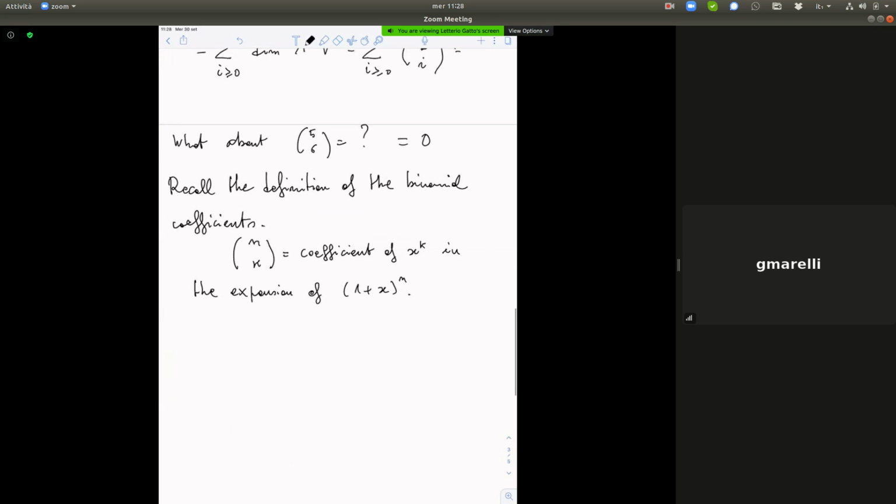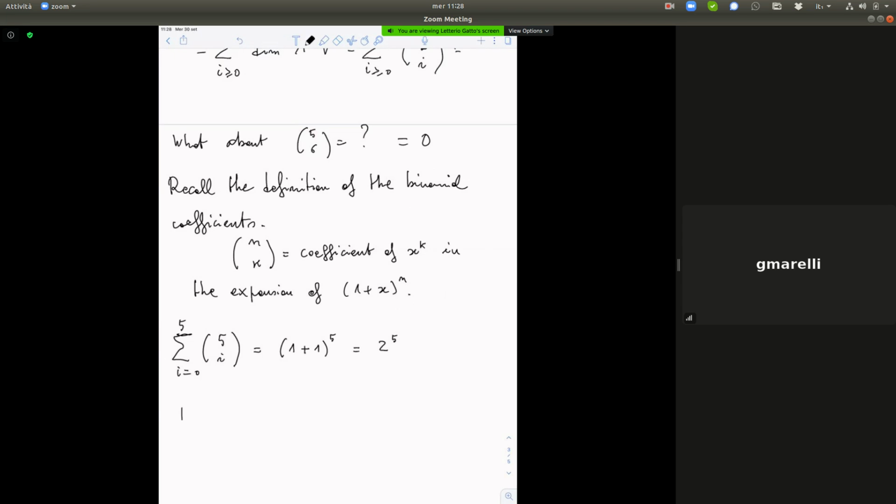But the sum of 5 over i, for i equal to 0 to 5, is exactly the expansion of 1 plus 1 to the power 5, which is 2 to the 5.